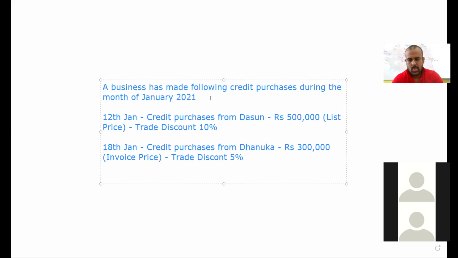On 25th Jan, credit purchases from Dhanuka, rupees 400,000.